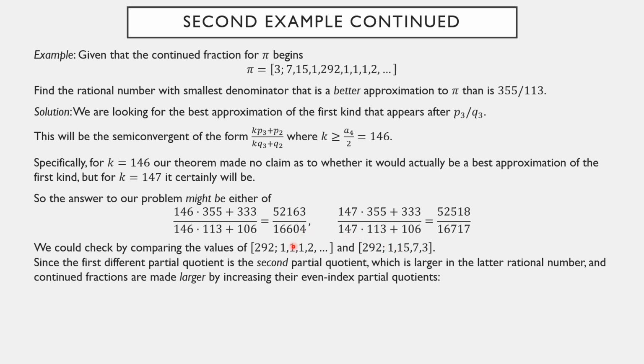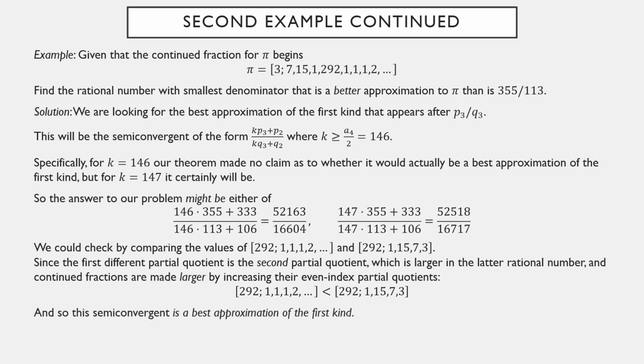Okay, this is the first time these two numbers have different partial quotients, a 1 versus a 15. Well, 15 is definitely bigger. What index is it appearing in? It's appearing in index 1, 2. In the second index, which is even, a larger number makes you bigger. So this number is bigger than that one, meaning that this choice of semi-convergent really is a best approximation of the first kind. So our actual solution is this rational number.